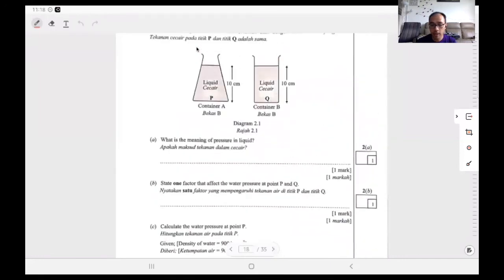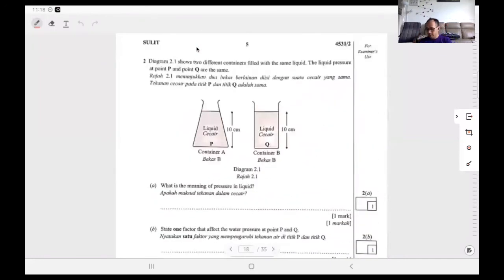Now this is probably the last subtopic I'm going to cover today, which is pressure in liquid, and it's going to spill over into paper 3, so please be ready for this. Pressure in liquid talks about depth. Depth and density of the liquid both affect the pressure in liquid.